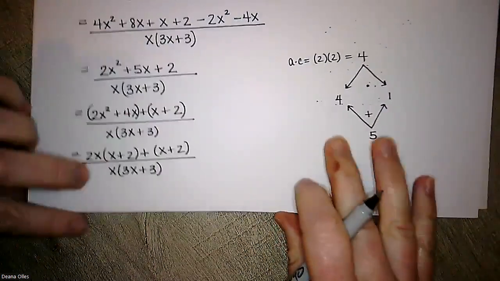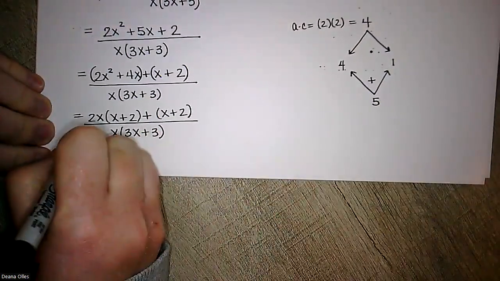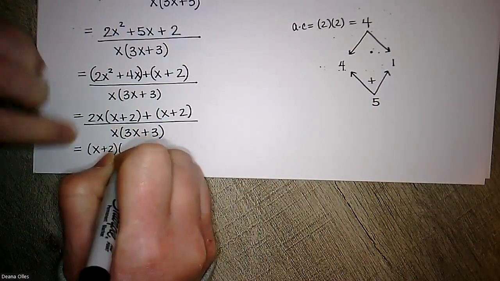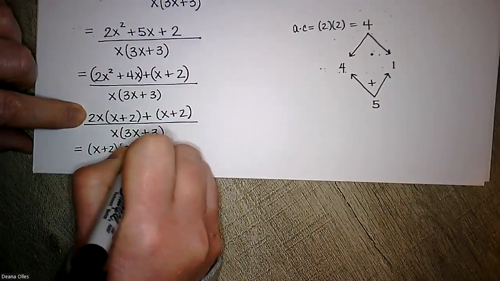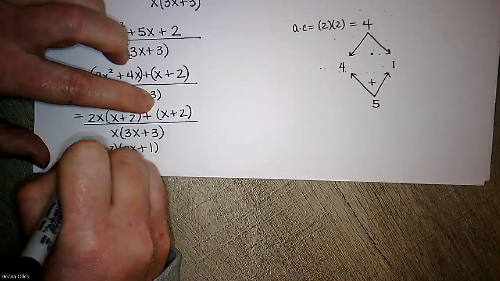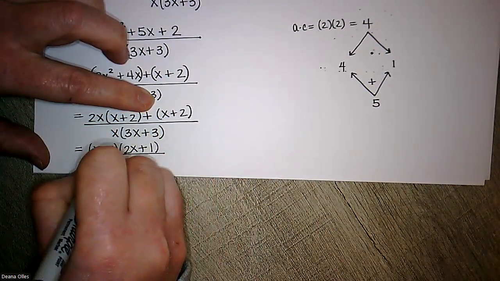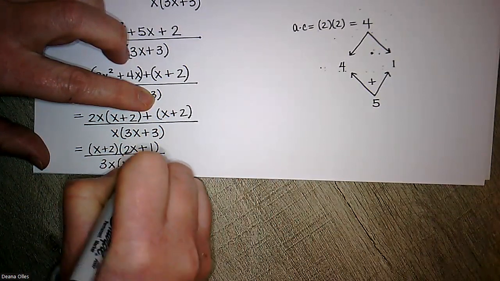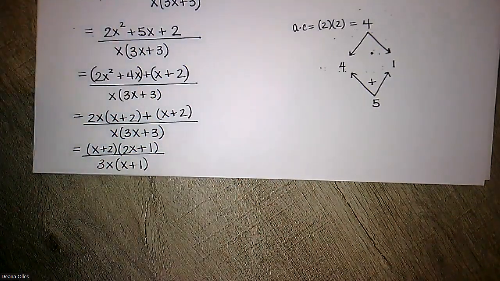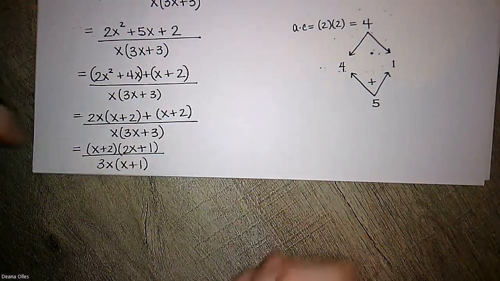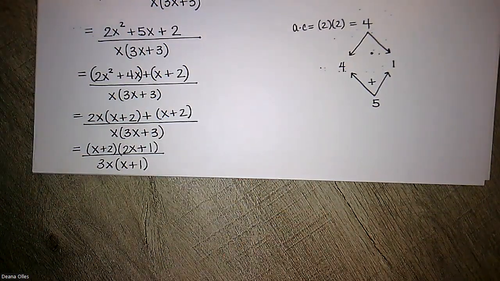Alrighty, and then my common factor in the numerator is x plus 2, which leaves me with 2x plus 1. But even if I factor the 3 out here and make this 3x times x plus 1, none of my factors cancel. But that's okay, because if they had, if I'd been able to cancel any factors here, I at least had the practice with the AC method again.